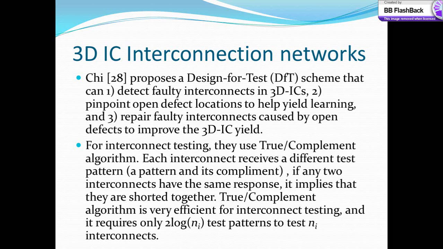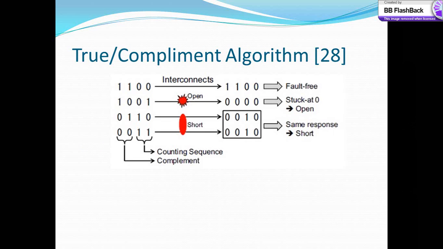And for interconnect testing, they use the true complement algorithm. Each interconnect receives a different test pattern. So they have like a counting sequence. So consider the first two numbers to the left of the counting sequence, which is the complement of that sequence. So let's say we have four interconnects, and they are represented by 0, 0, 0, 1, 1, 0, and 1, 1.